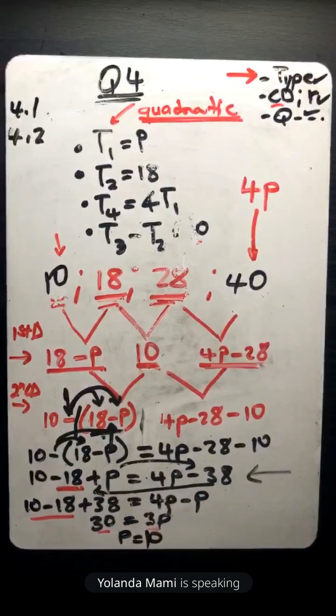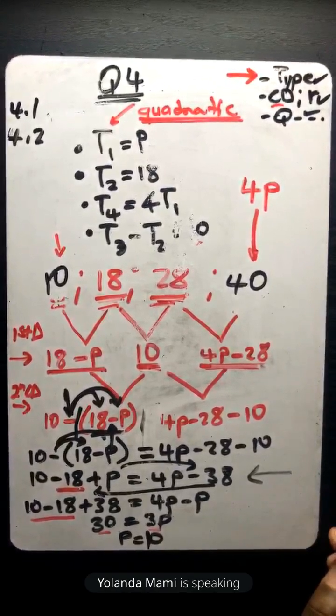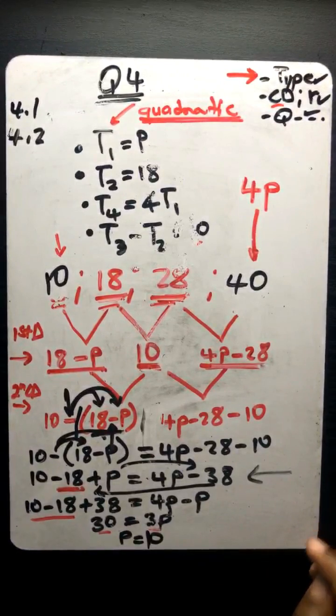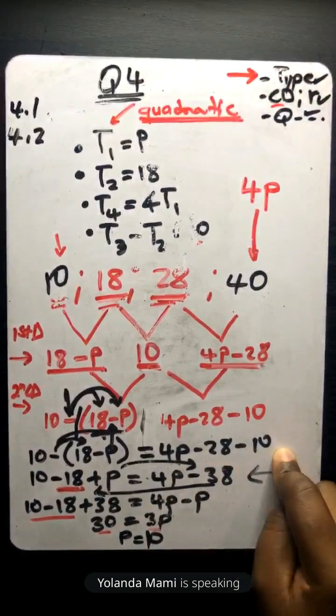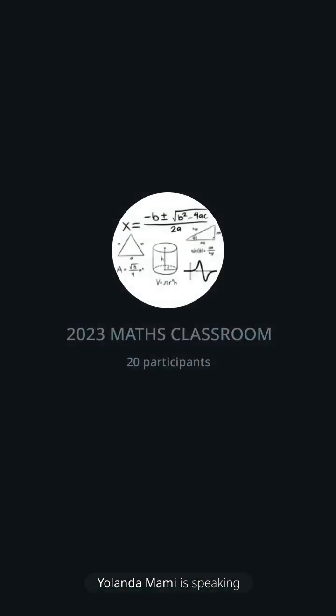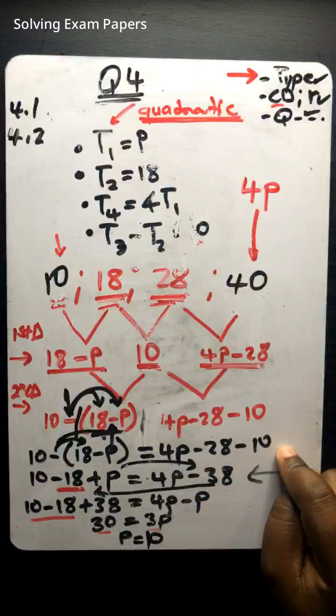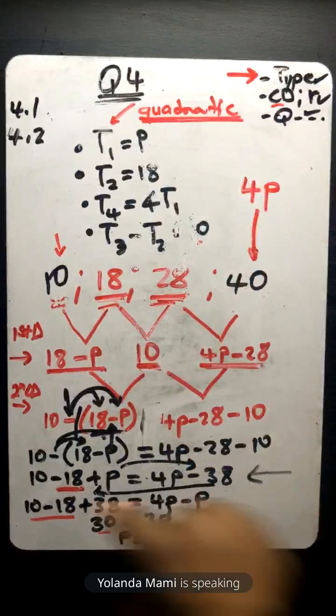So, Yolanda has got their mic unmuted. Okay, sir, so you said 4p minus 28 minus 10, right? But if you punch that in a calculator, it gives you 34, not 38. I said 4 minus 28 minus 10.